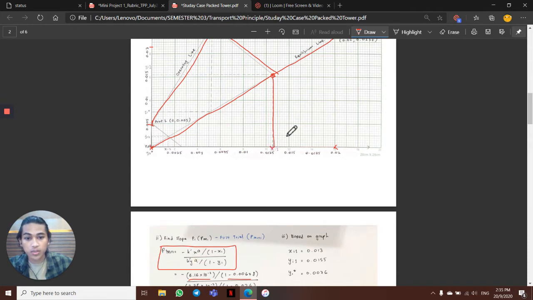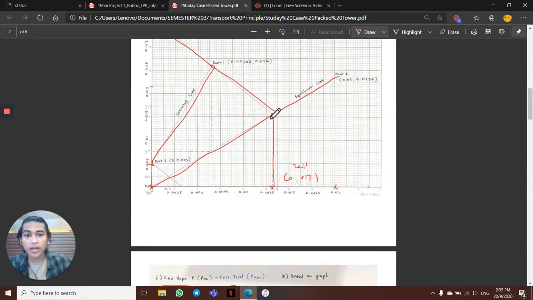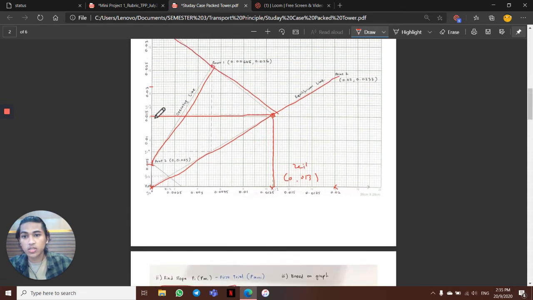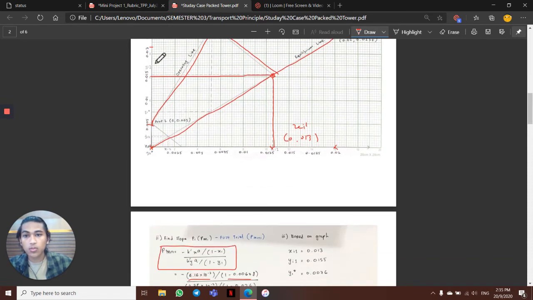So this is 0.013 for the xi1, and horizontally move to the left and you'll touch the y-axis, and we will get yi1, which is 0.0155.